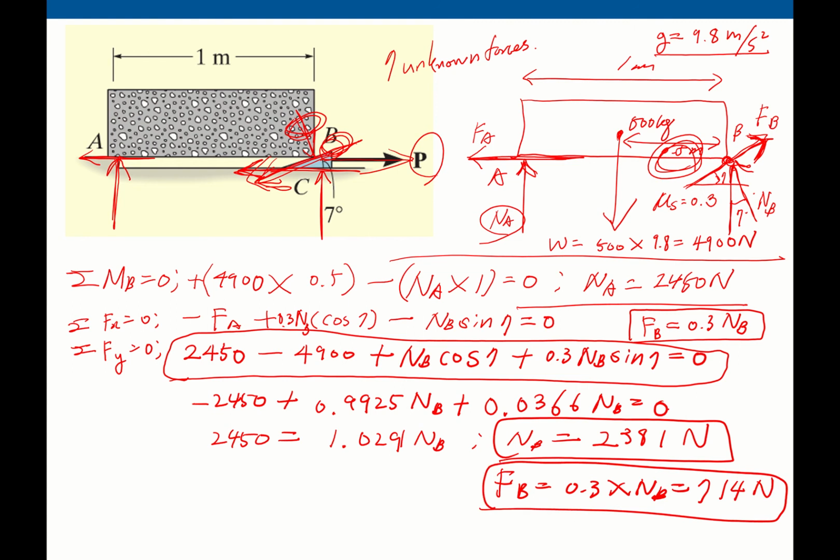So we find the normal force B and the frictional force at point B. But the question is, what is the minimum pulling force which creates the impending motion? So now let's take these two numbers, go to the next page to solve the unknown forces for the wedges.